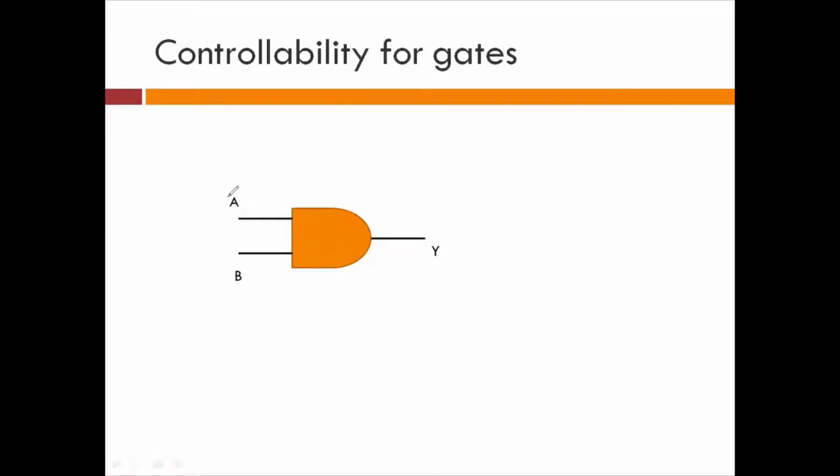When I talk about controllability, we have 3 points at which we are going to measure the controllability. CC0 at point A. Then we have CC1, sorry, this should be CC1.